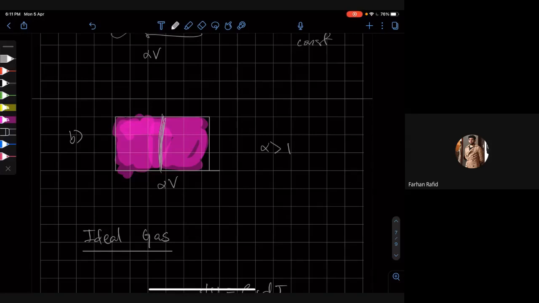But for the van der Waals gas, you can show that there is a drop in the temperature, okay? Now, to show this, how should I explain this? One can use, let me just get to the right part of my notes. Sorry.